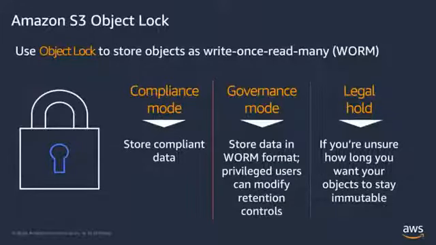Rather, the legal hold continues to protect the object until an authorized user explicitly removes it. Similarly, if you remove a legal hold from an object version that has a retention period in effect, the object version remains protected until the retention period expires. If you know how long you want to retain an object, use governance mode, or compliance mode if you have a compliance requirement. And if you don't know how long you want to retain an object, use legal hold.